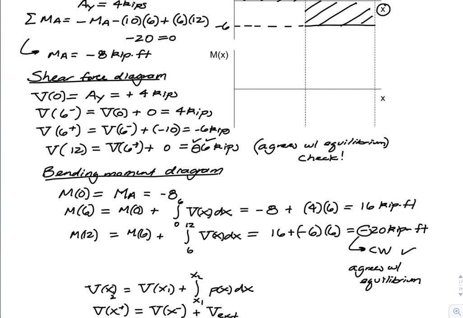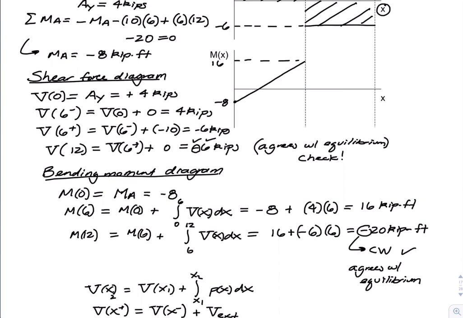The plot that I have, again, it starts out here at a -8. We know that M, which is the integral of V, where V is a constant, is going to be something with a positive slope. It's going to go up like this. We know that M of 6 here, it was up to 16.